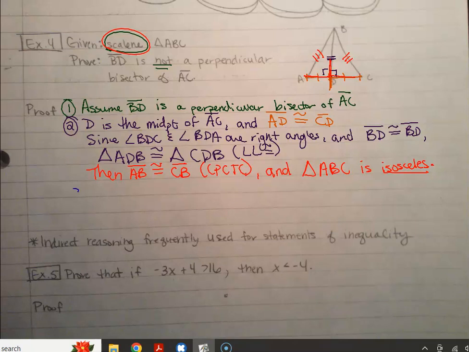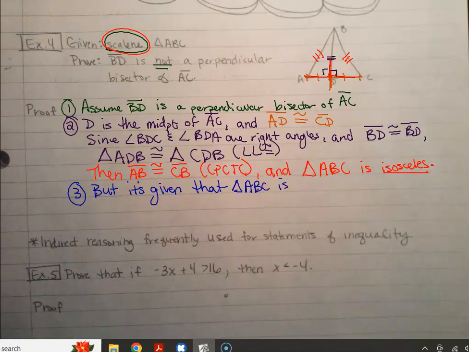So now we can do step 3 and give our given information. But we know, this is a paragraph proof more than anything, but it's given that triangle ABC is scalene.